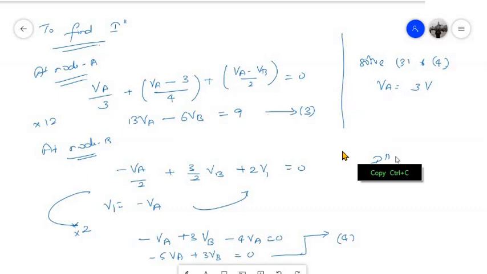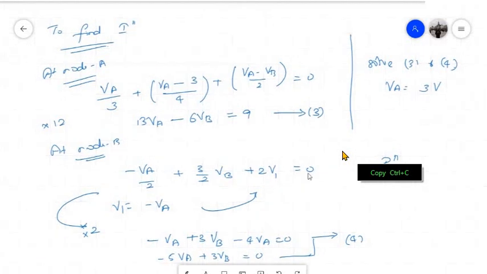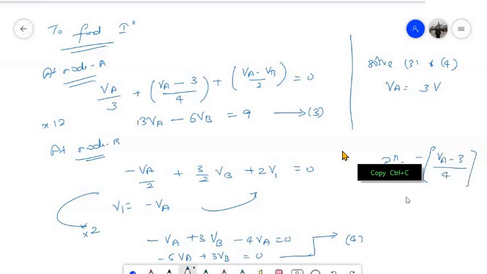So I double dash will be minus of VA minus 3 by 4. So this will be, if you see, VA already we have got it as 3, so ultimately this will be 0 ampere.